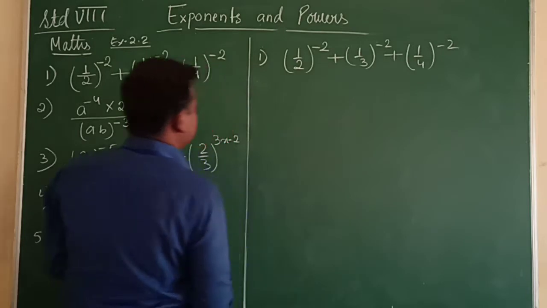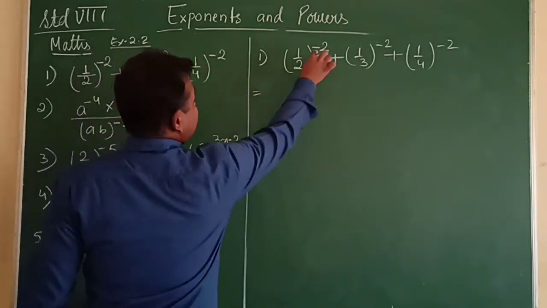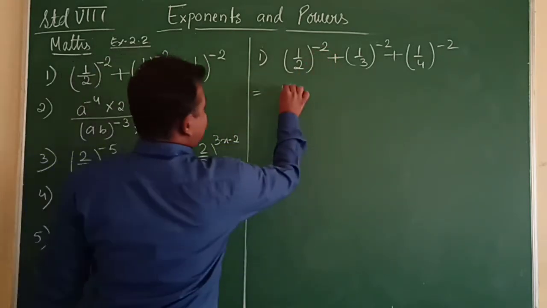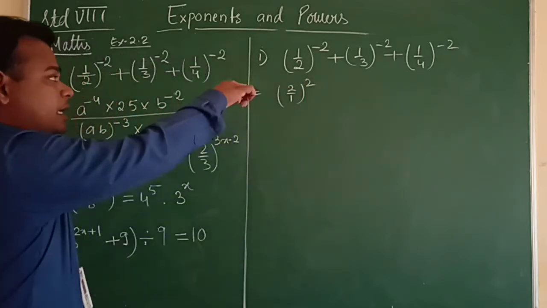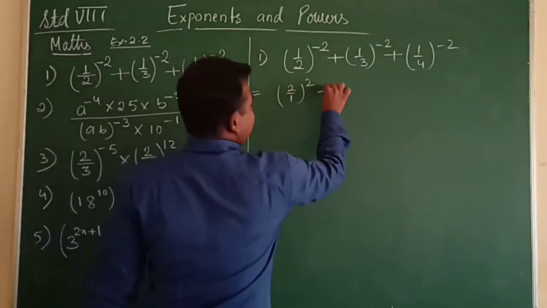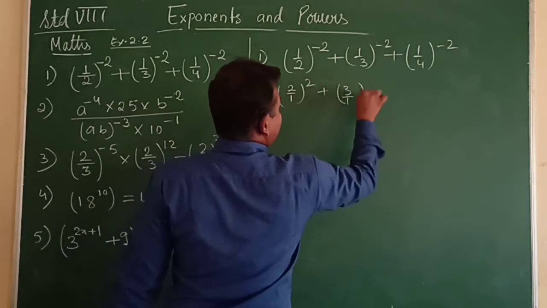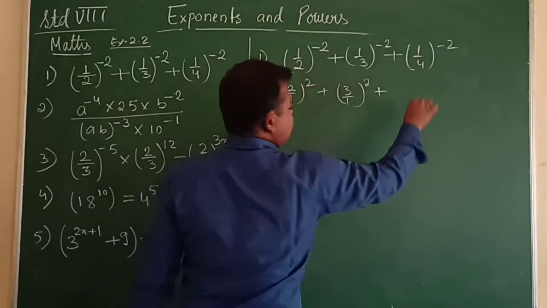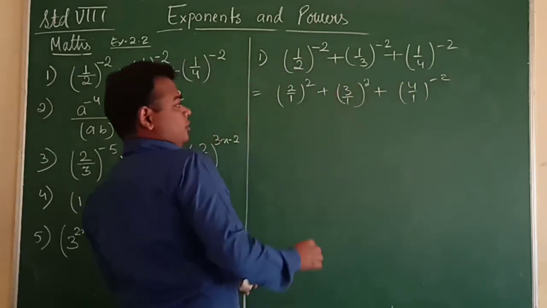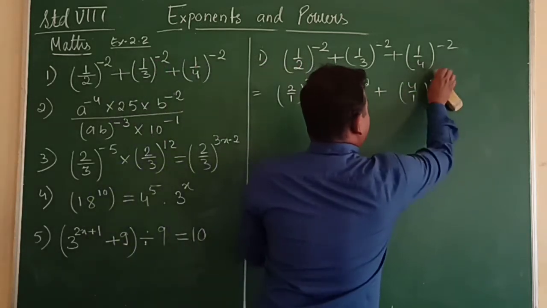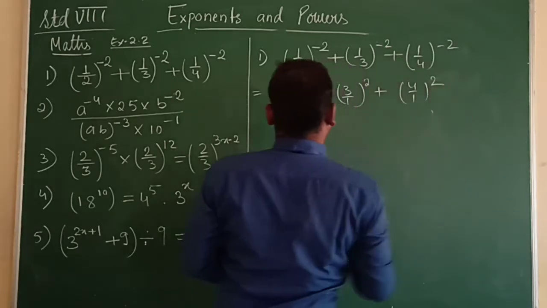Let us see how. This (1/2) to the power minus 2 will become (2/1) to the power 2. Now (1/3) to the power minus 2 will become (3/1) to the power 2. And this (1/4) to the power minus 2 will become (4/1) to the power plus 2.